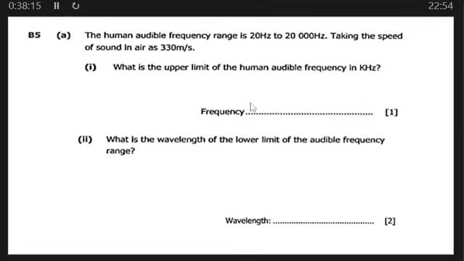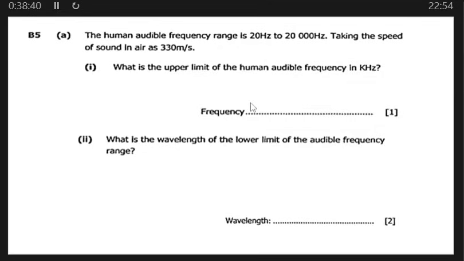Question B5 reads, the human audible frequency range is 20 hertz to 20,000 hertz, taking the speed of sound in air as 330 meters per second. 1.